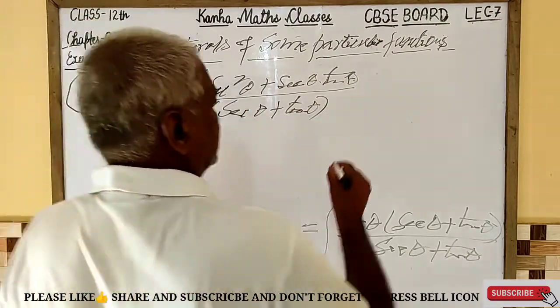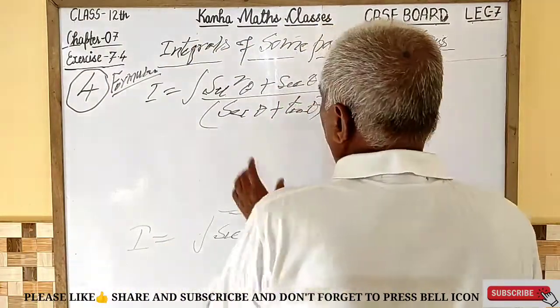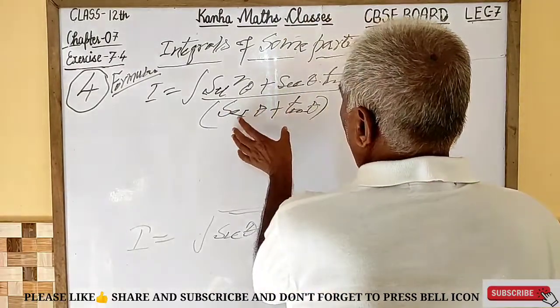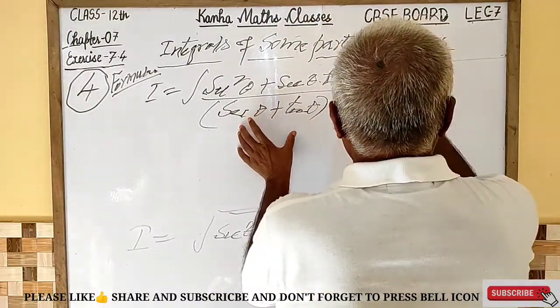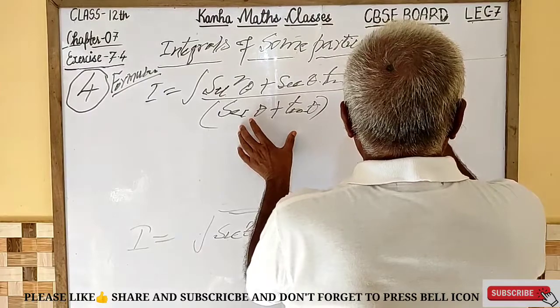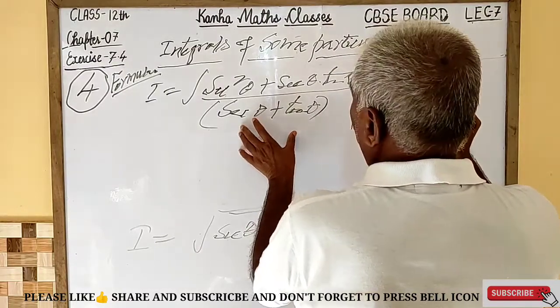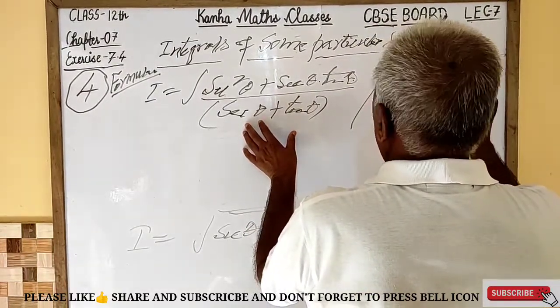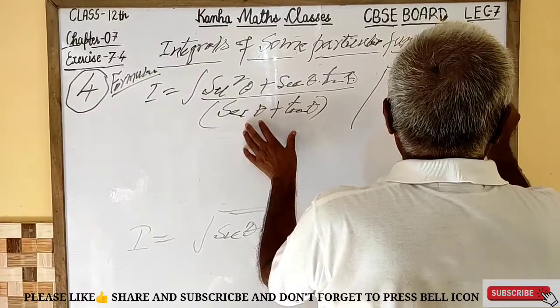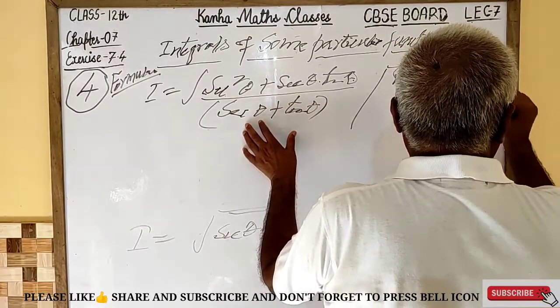We will substitute the value of sec theta plus tan theta by t. Put t is equal to sec theta plus tan theta.